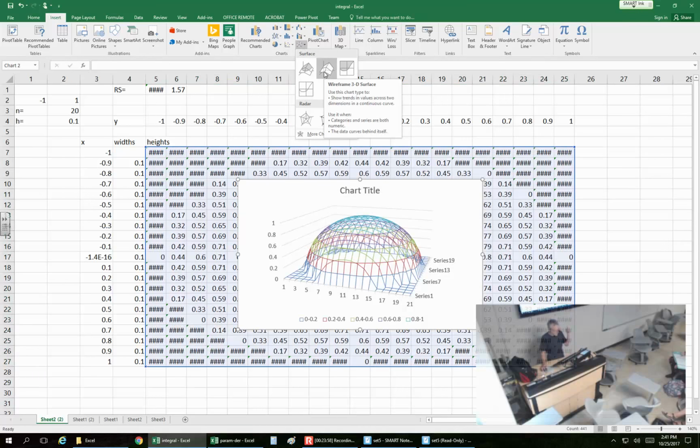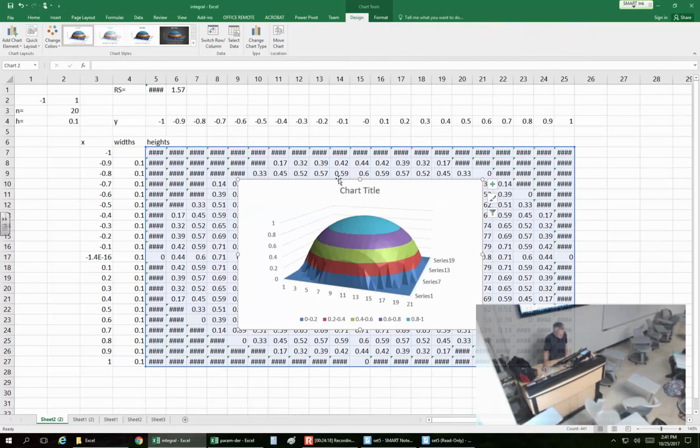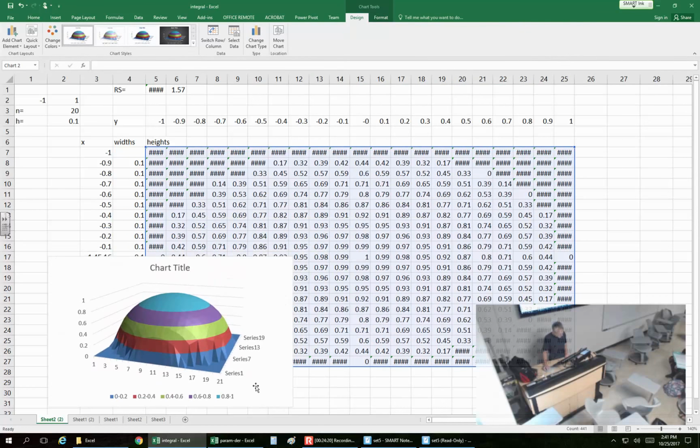Okay, so here it is. Excel treats the areas where the function is undefined as zeros, and so you're not getting a sphere, but rather a part of the sphere with a flat area at the beginning. Okay, but let me make this prettier. Okay, so that's my sphere.